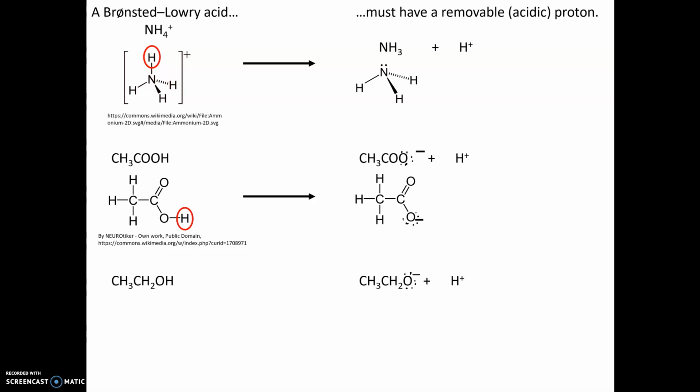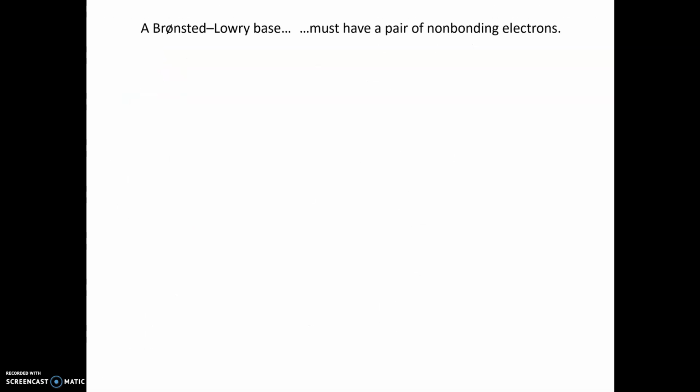And in the last example, which is an alcohol, the hydrogen at the end can be removed, although it is not removed easily. It has the potential, under the right conditions, to be removed.